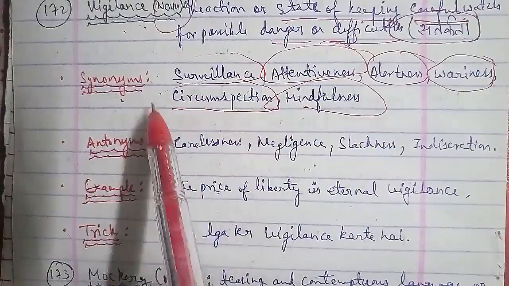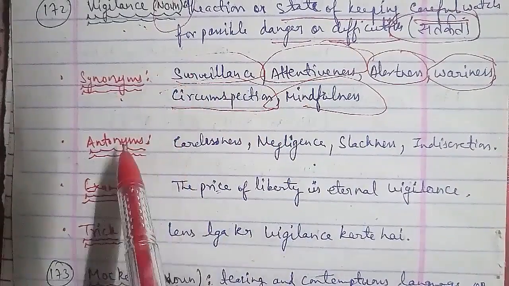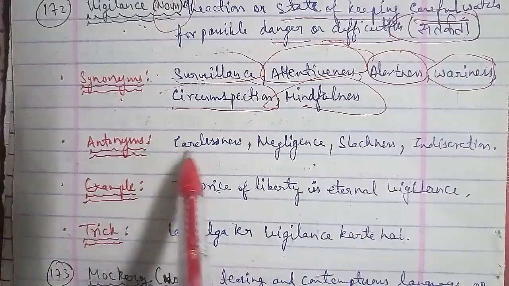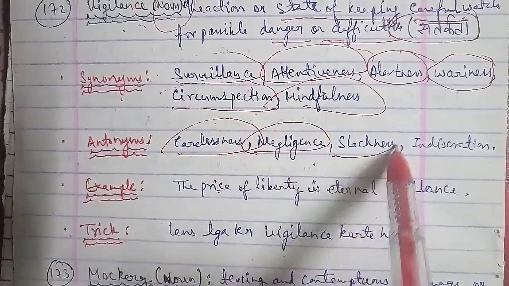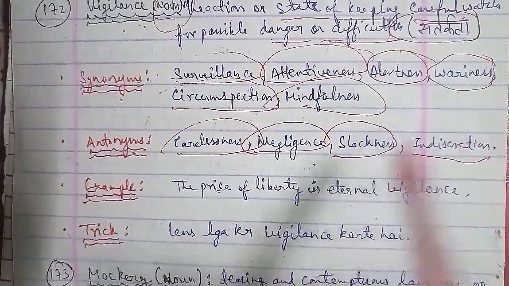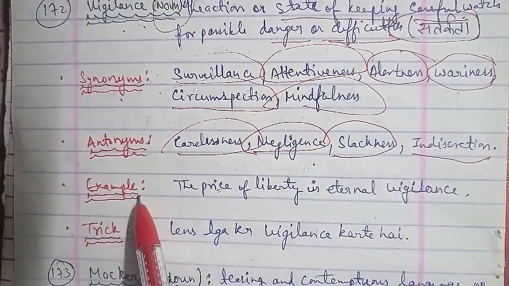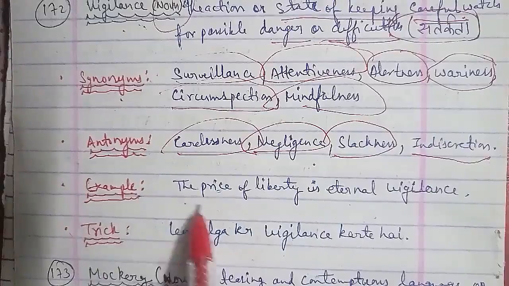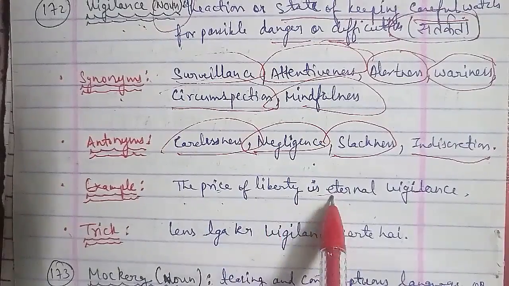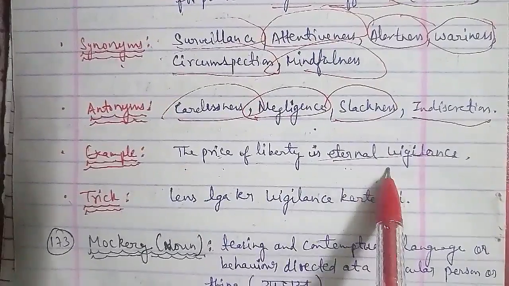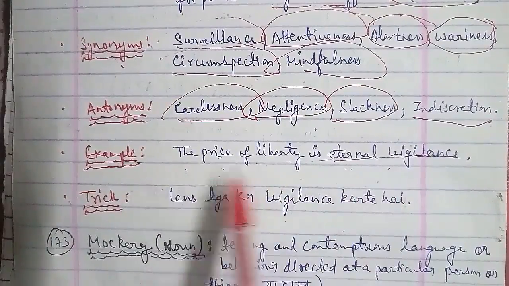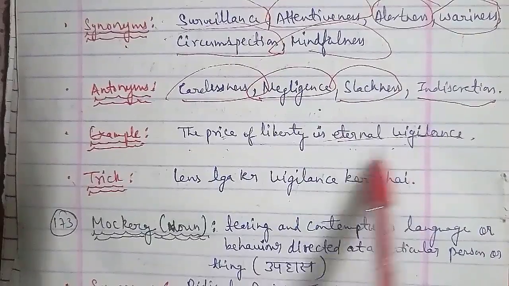Now, the synonyms of mockery are ridicule, derision, jesting, sneering, contempt, scorn, scoffing. The antonyms of mockery are admiration, commendation, praise, respect, complaint.